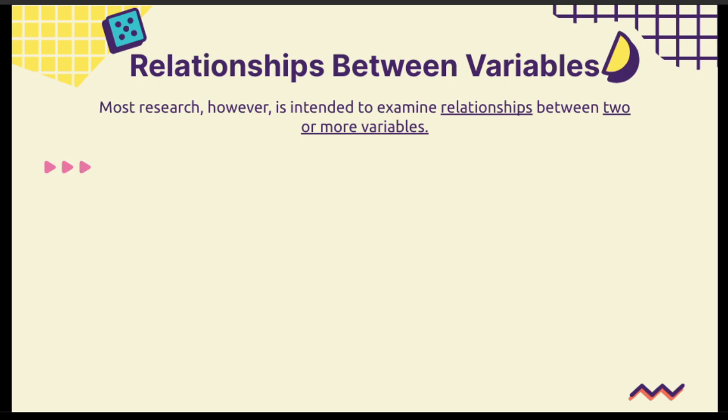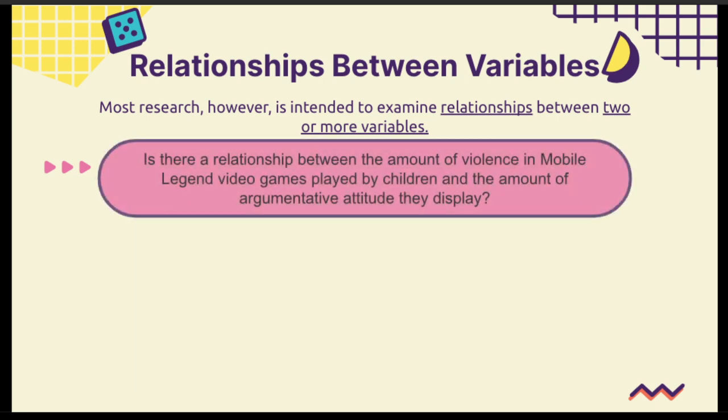What is the relationship between variables? Most research, however, is intended to examine the relationship between two or more variables. For instance, we study if there is a relationship between the amount of violence in Mobile Legends video games played by children and the amount of argumentative attitude they display. These have two variables: the violence in Mobile Legends games and the argumentative attitude that they display.